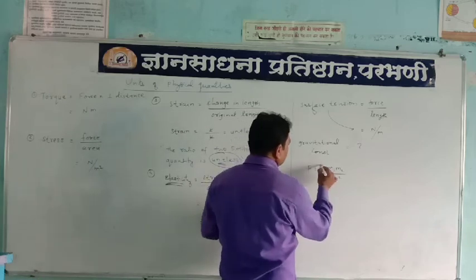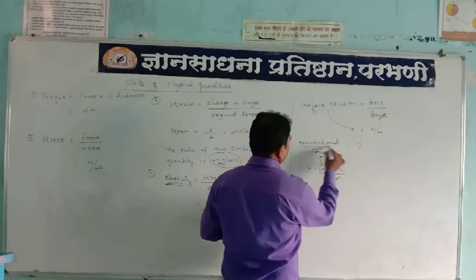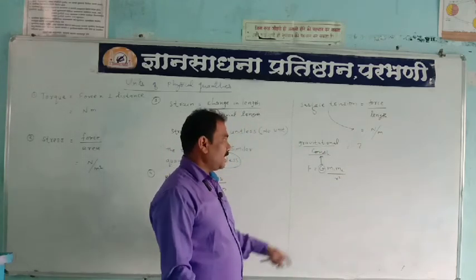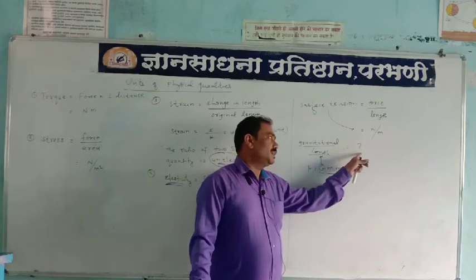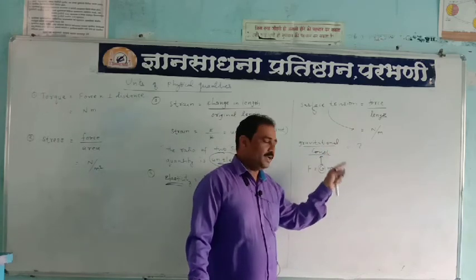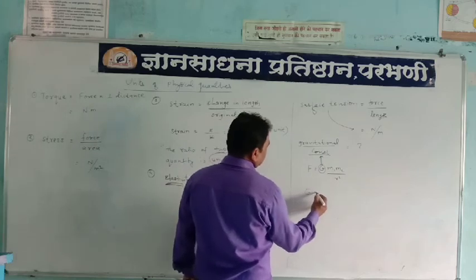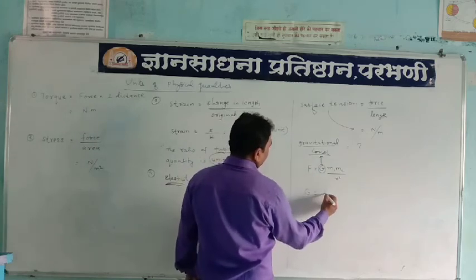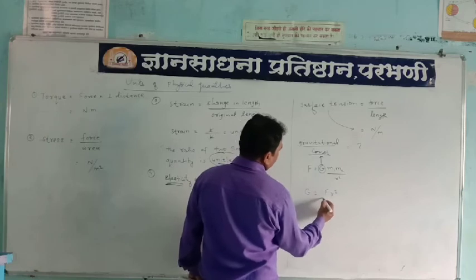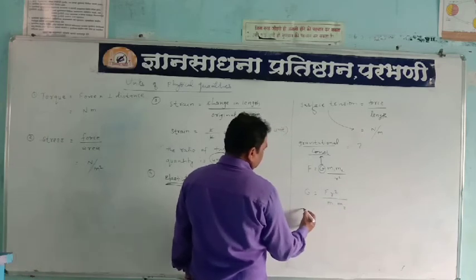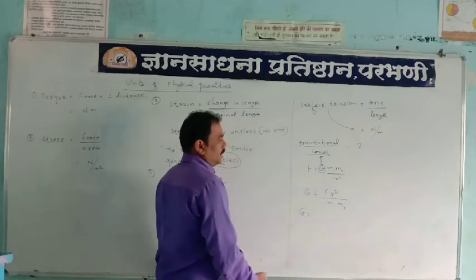This capital G stands for the gravitational constant, and we are calculating here the SI unit of that gravitational constant. So to get the gravitational constant, G is equal to F r square upon m1 m2.